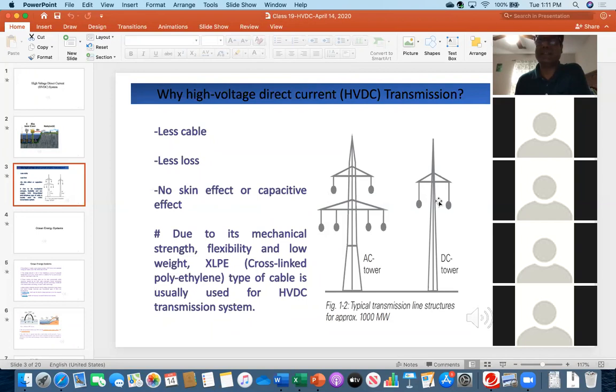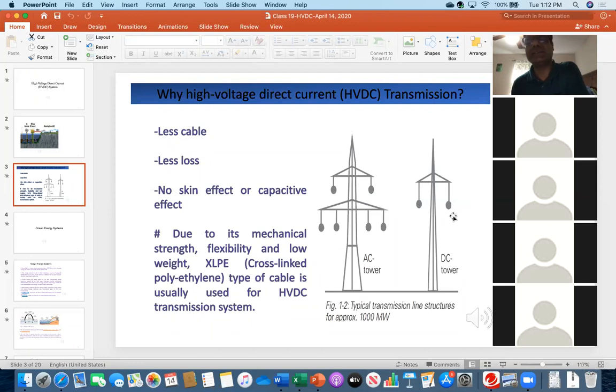So in the case of DC, because of the uniform current distribution, there is no skin effect. Now, no capacitive effect means that if it were AC, there would always be some kind of capacitor leakage loss. If you calculate the capacitive reactance, XC equal to 1 over 2 pi FC, everybody knows, but in the case of DC, the frequency is 0.